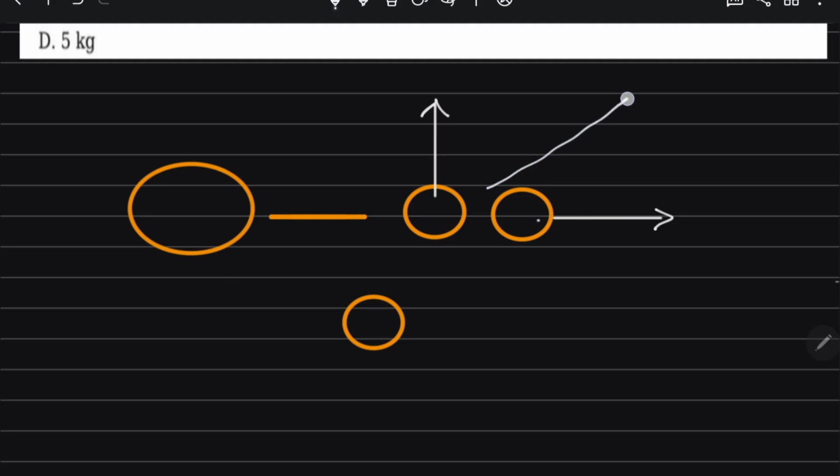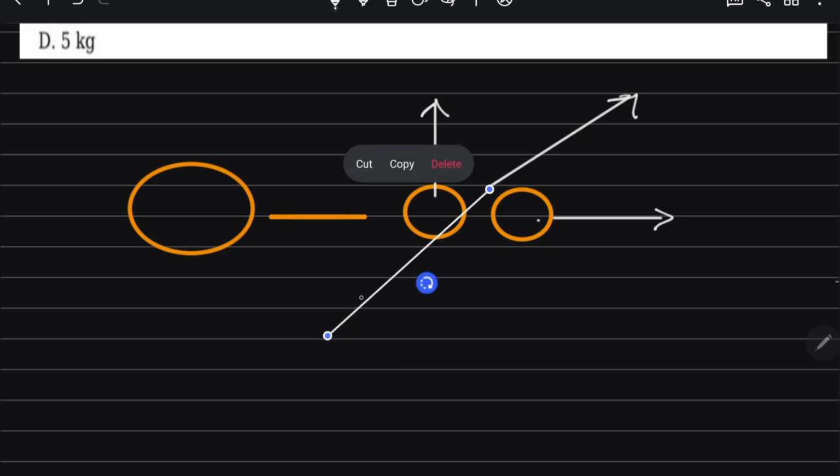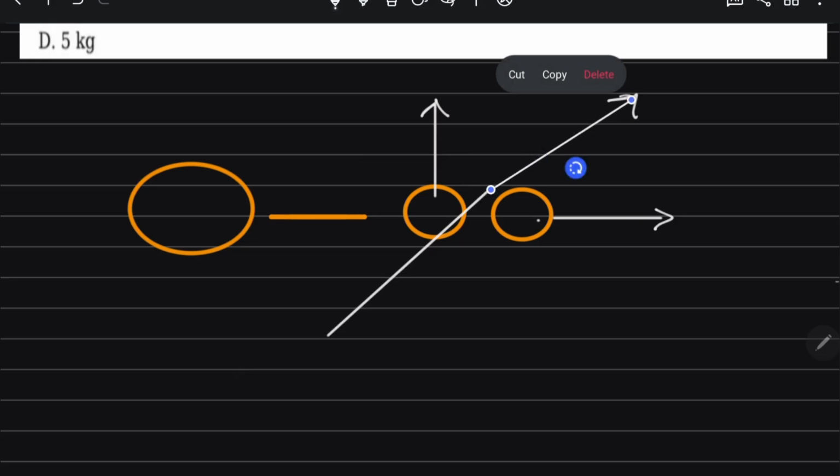So their resultant comes like this, and the third is going to cancel the net momentum. The third vector moves in this way so that the net momentum is cancelled.